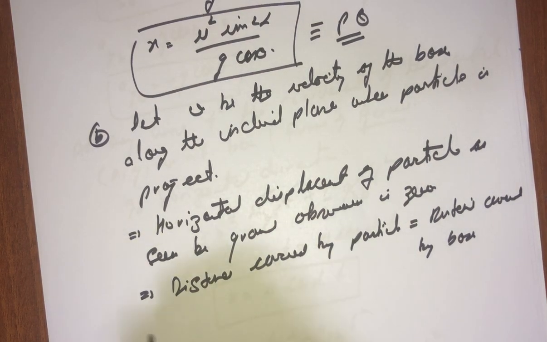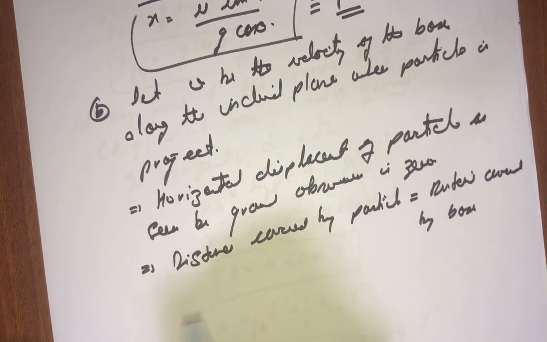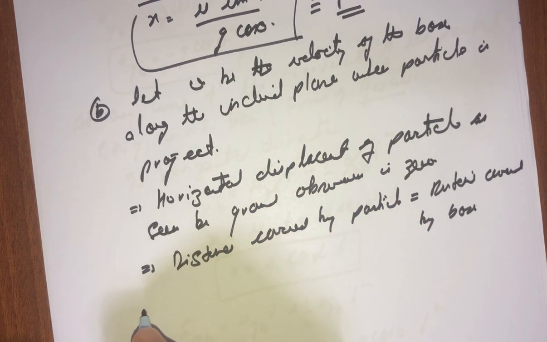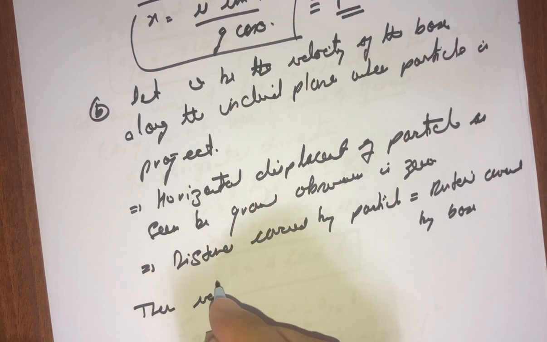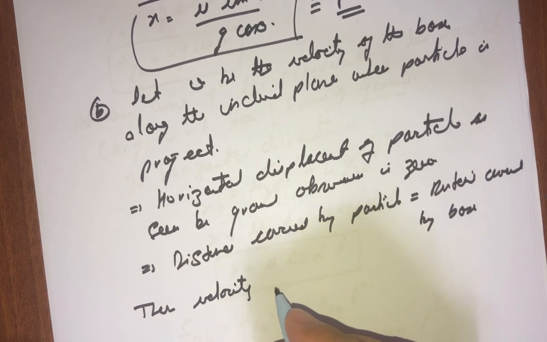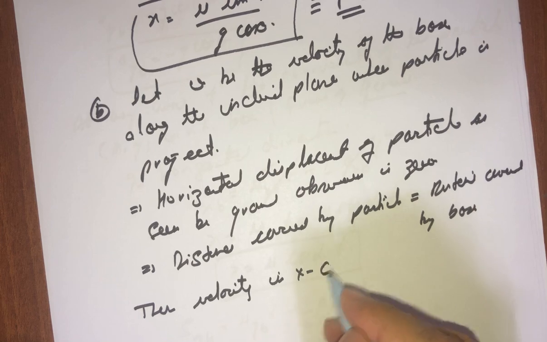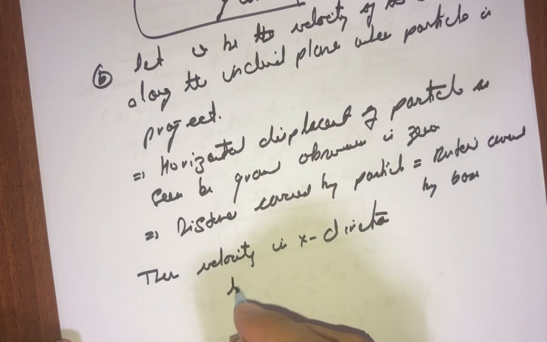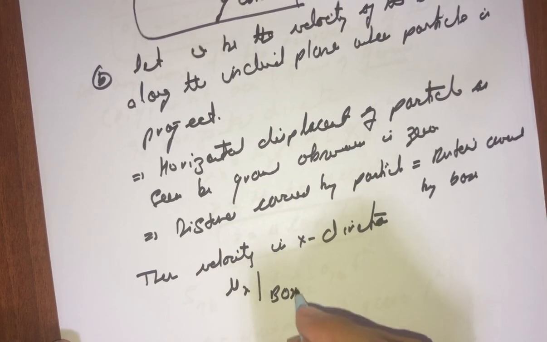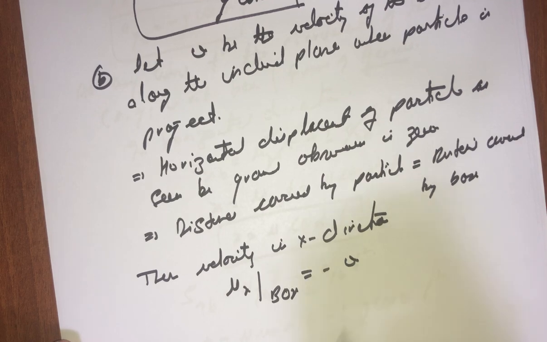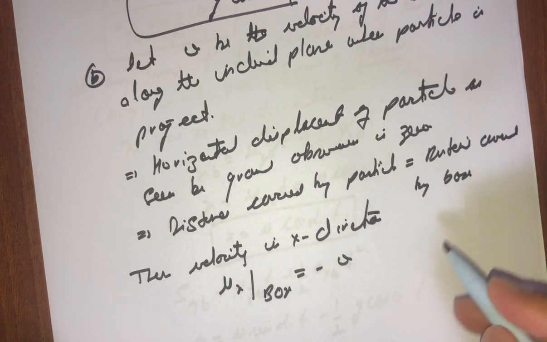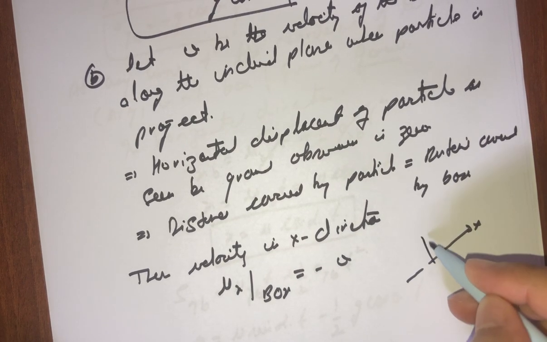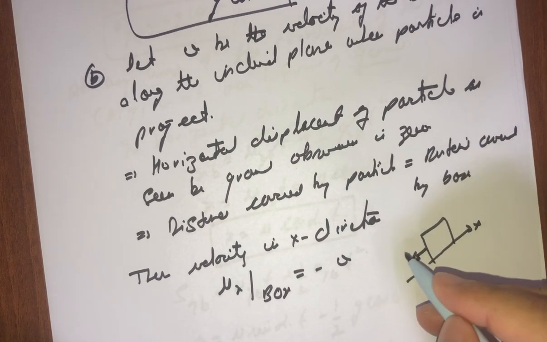If the velocity of the box is v, then the velocity in x direction, that is ux of the box, will be equal to minus v, because we have taken the x direction in this direction and the box is sliding in the downward direction with velocity v.